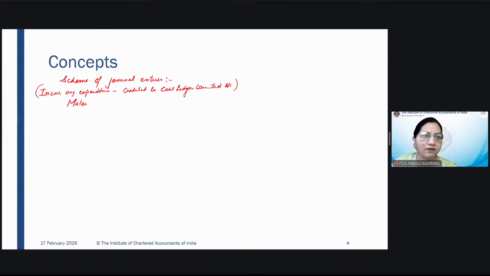So first, you incur an expenditure on material. So you have material control account debit to cost ledger control account. So the first entry is that you have purchased raw material.